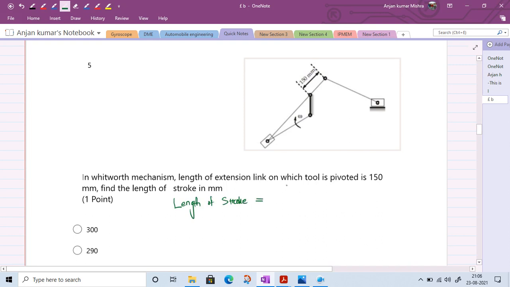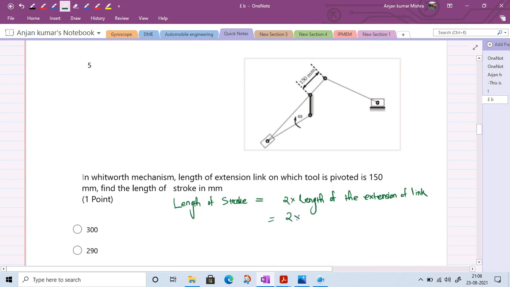will be equal to 2 multiplied by the length of the extension of the link. I will prove this formula if I get any free time or in the next video.